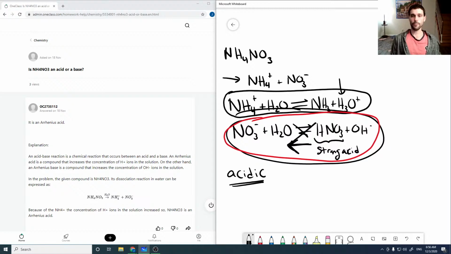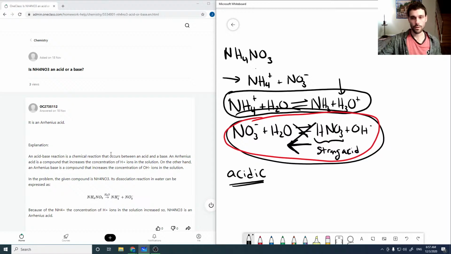Just to reiterate, we dissolve this salt in solution, ending up with NH4 plus and NO3 minus. NH4 plus is a strong enough acid to give us H3O plus, but NO3 minus is essentially not a base at all because its conjugate acid is a strong acid. So in this case, the salt solution will be acidic, because NH4 plus is a stronger acid than NO3 minus is a base.